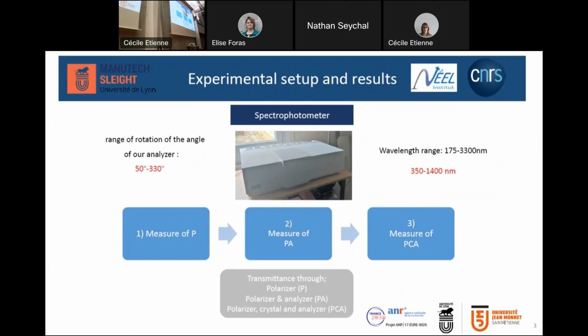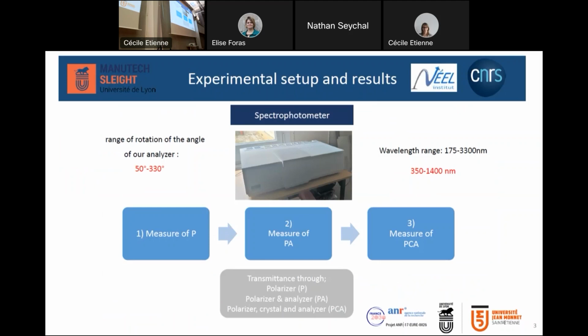Because of this distinction, we can now proceed to characterize our materials. So we have a spectrophotometer. Firstly, we measure P. That means we record the transmission which passes through a polarizer first, then PA for polarizer and analyzer, and thirdly PCA for the transmittance which passes through a polarizer, crystal, and analyzer.